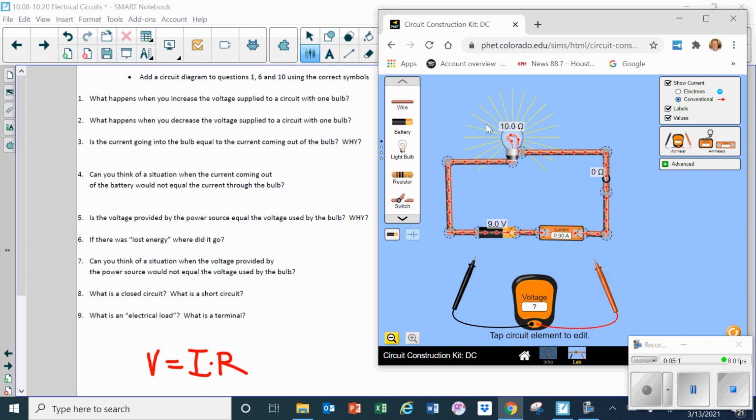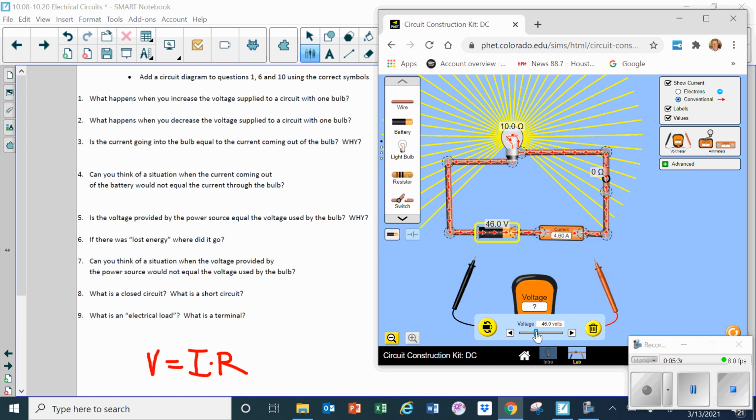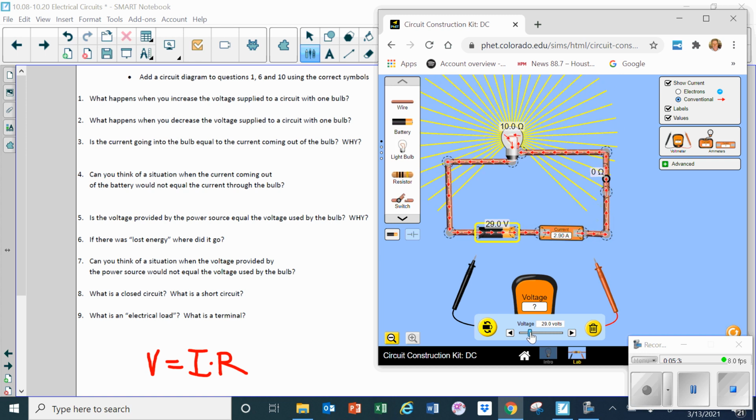So what we want to do is increase the voltage and see what happens to the bulb. Okay, so I'm going to increase the voltage. Here's the voltage now, it's 9 volts. I'm just going to increase that to something pretty big, like 30 volts.